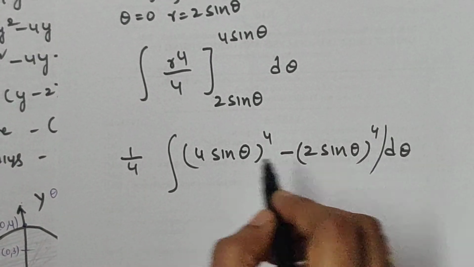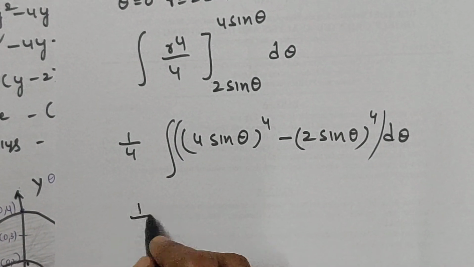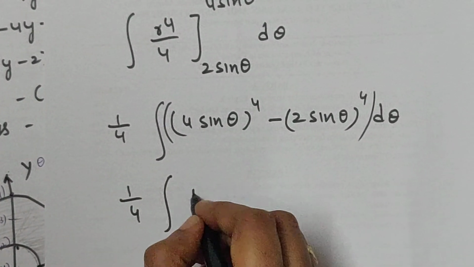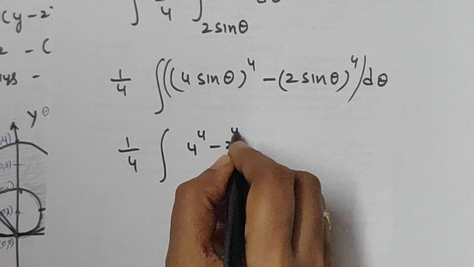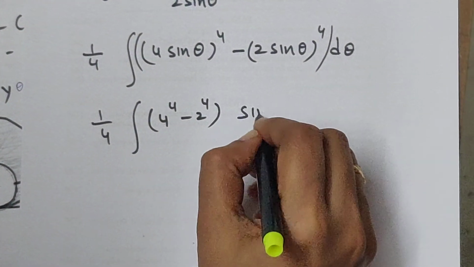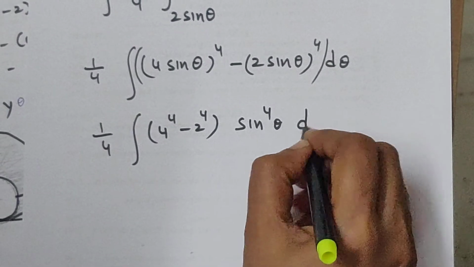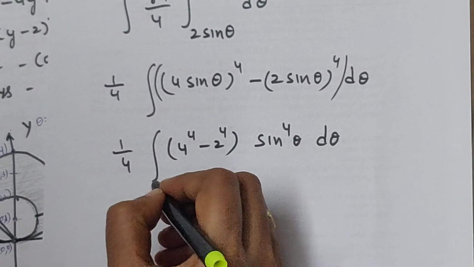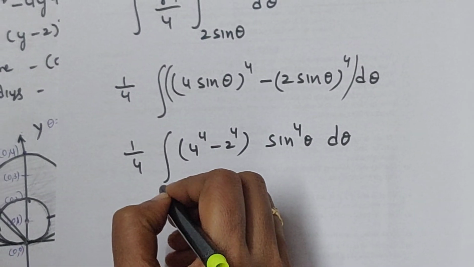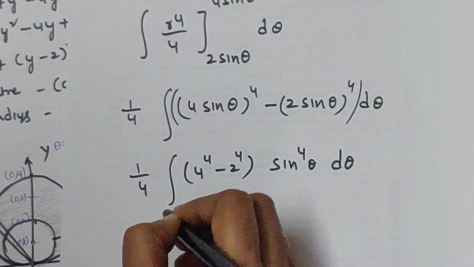So 1 by 4 integral of (4 power 4 minus 2 power 4) into sin power 4 theta d theta, where the theta limits are 0 to pi.